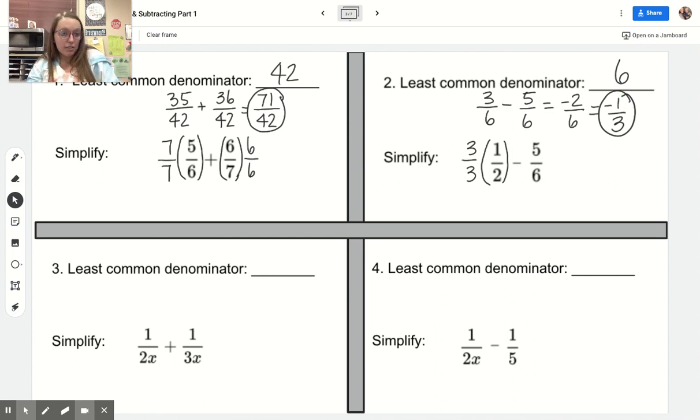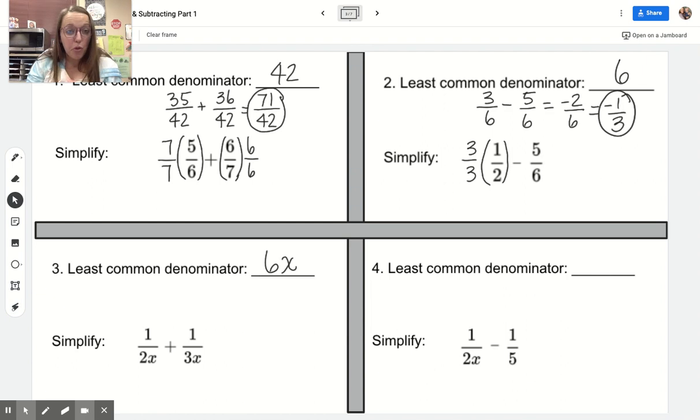Now you could have x's in your denominators. Okay, let's think about just the 2 and the 3 first. The smallest number that is divisible by both 2 and 3, you can always look at factors lists if you need to, but the smallest number that's divisible by both 2 and 3 is 6. And then both denominators also have an x. So that's part of my lowest common denominator.